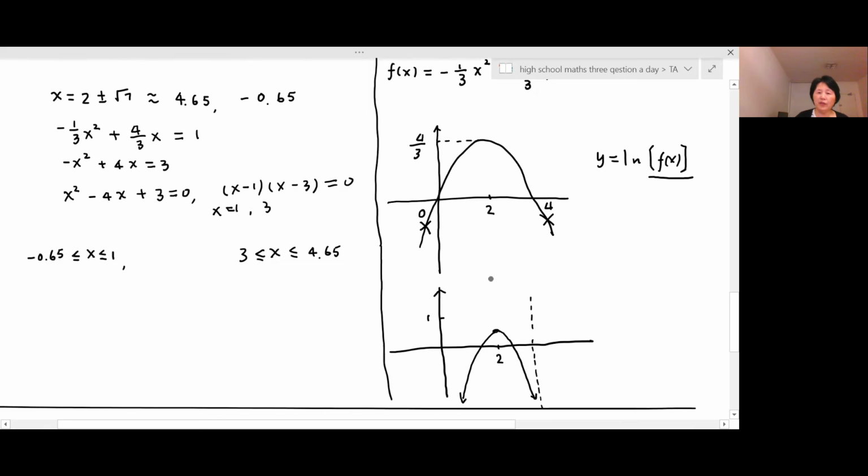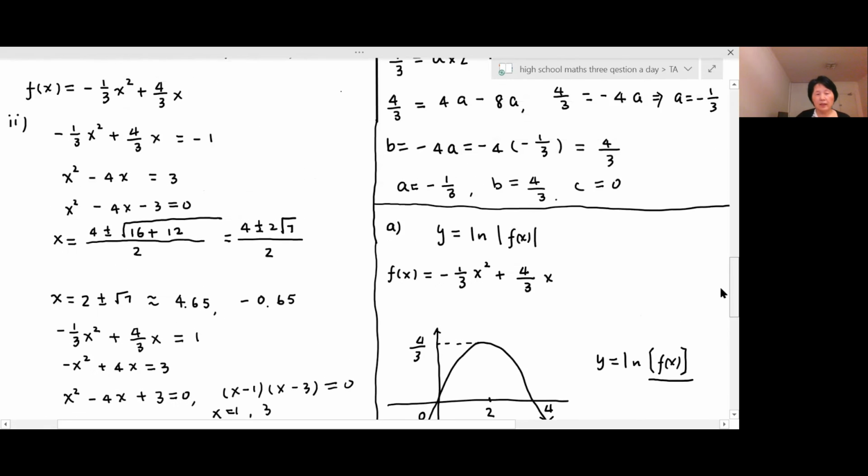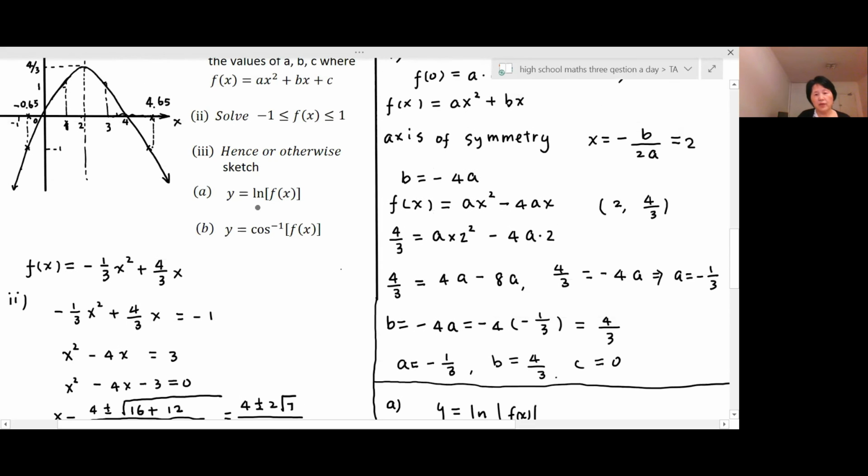Okay, so I already finished the first curve sketching, the first one, which I drew here.